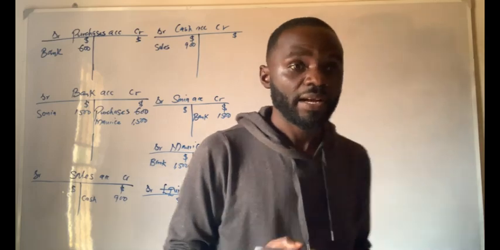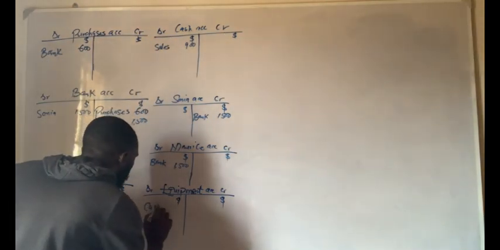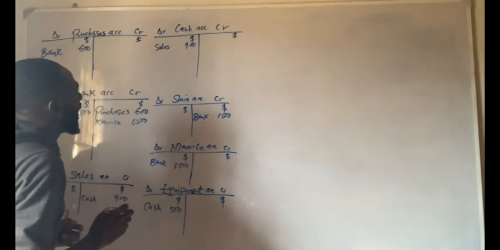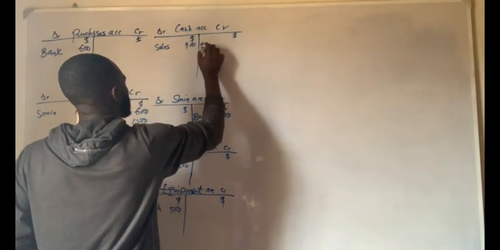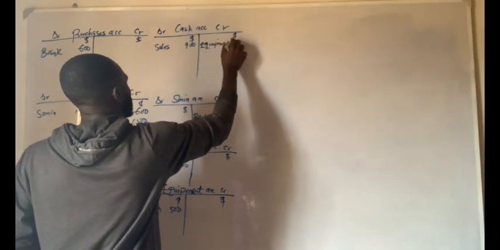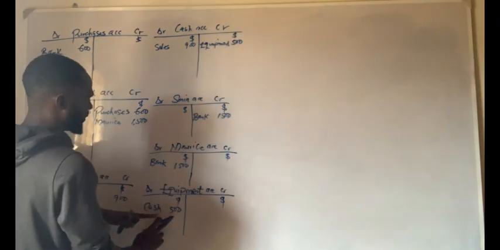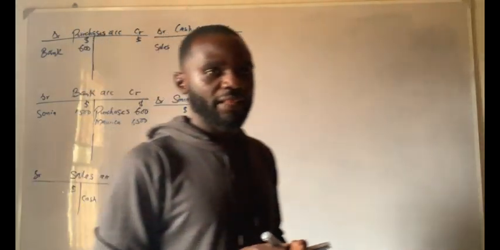Purchase equipment by cash, yes, 500. So it's going to be cash 500. And then there was a payment through cash for equipment, which is 500 for equipment. So this is it. Every debit entry, corresponding credit entry. All right. That has been shown also.